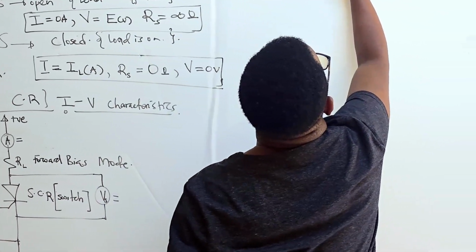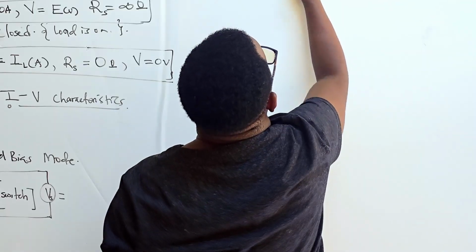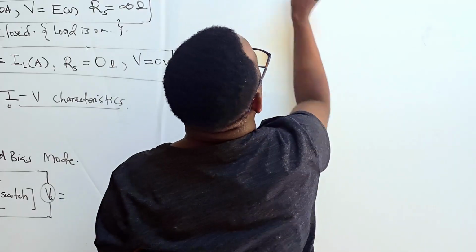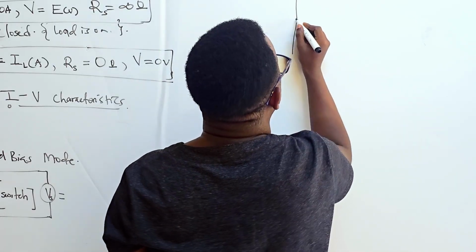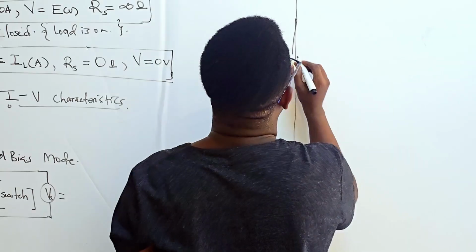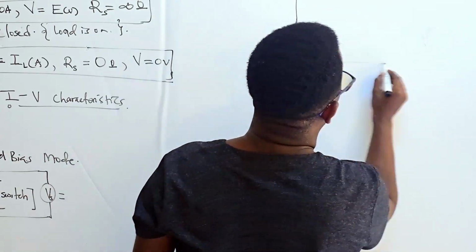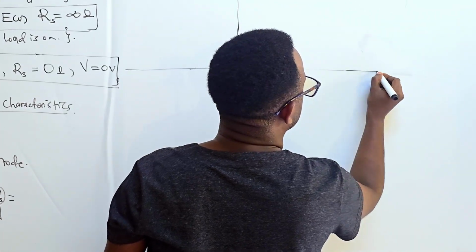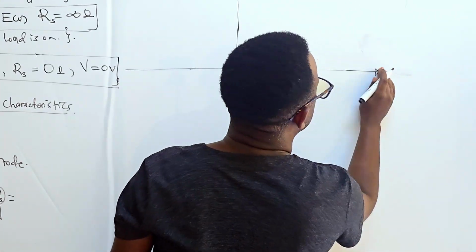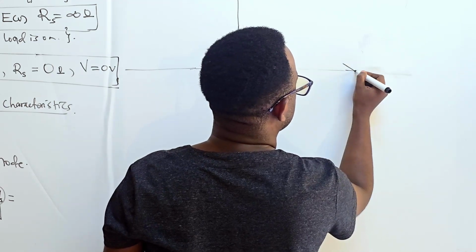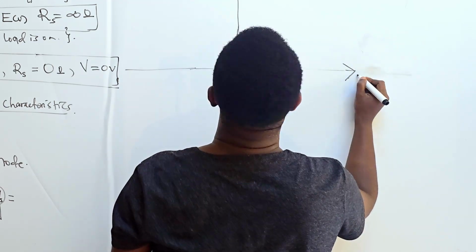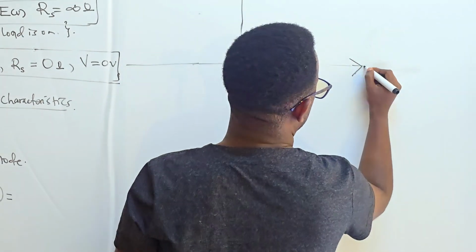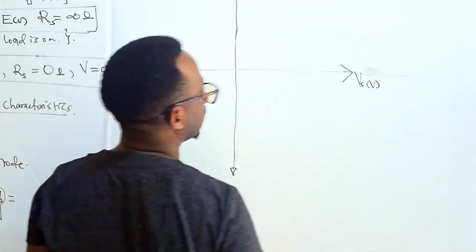Let's say we are to do it like so. We have VS in volts on that axis.